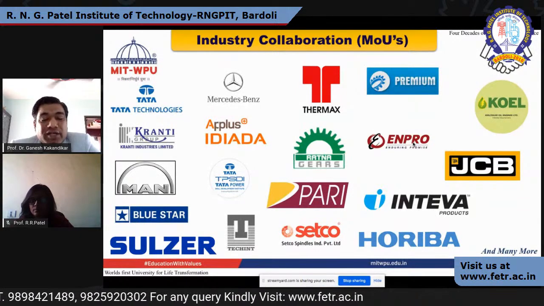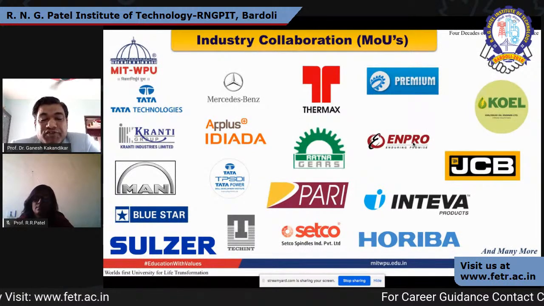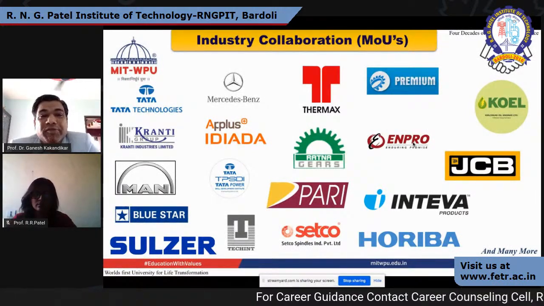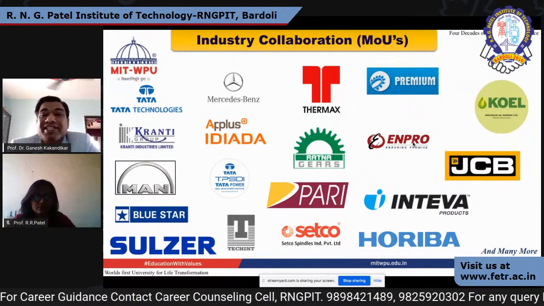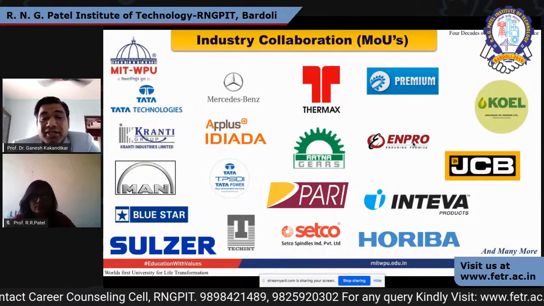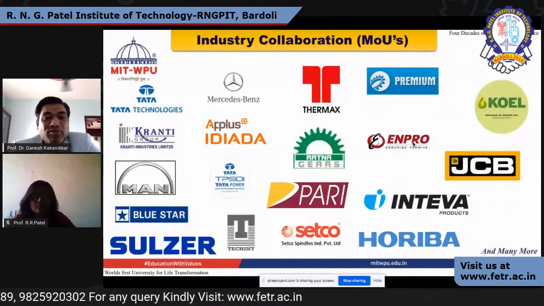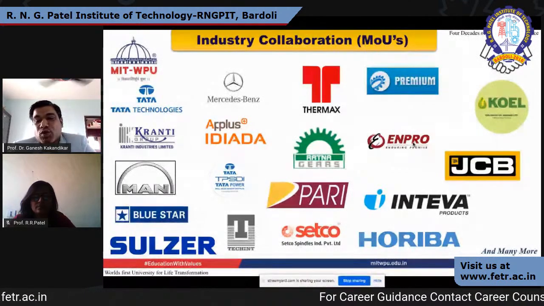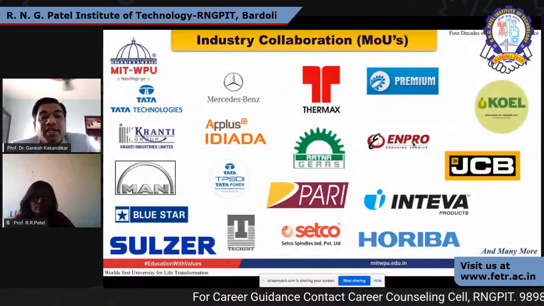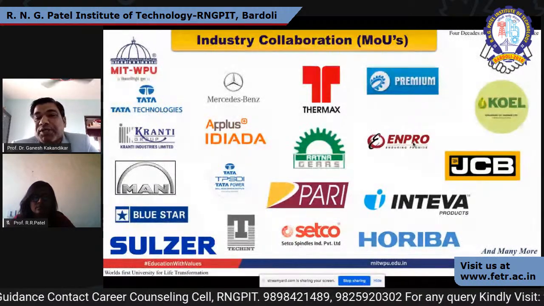If anybody has a qualified score as per the AICTE norms, AICTE stipend is available to them. In addition, 6,000 rupees stipend for the first 12 months is available from MIT World Peace University for GATE qualified students, in addition to the AICTE stipend. And for those who are below the qualified score but have a GATE score of more than 5, up to the qualified score, whatever it is for the respective years, we also offer a stipend of 4,000 rupees and 5,000 rupees per month.